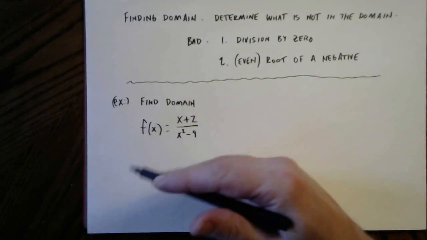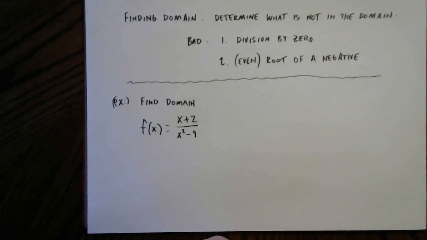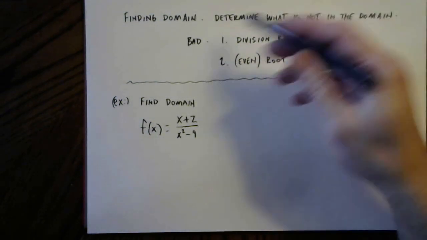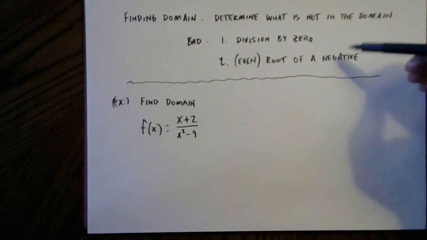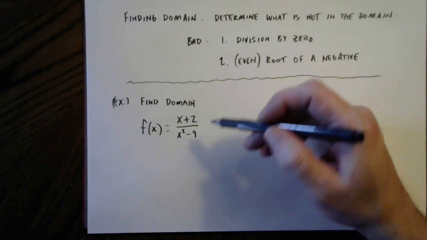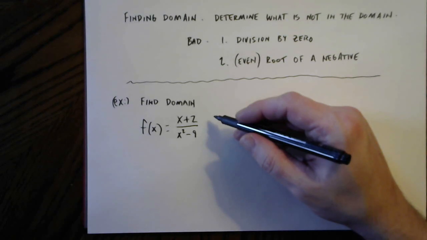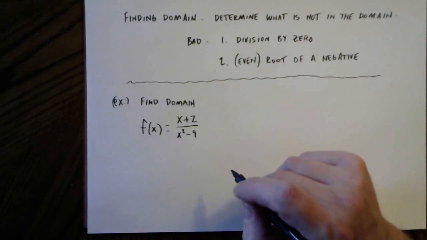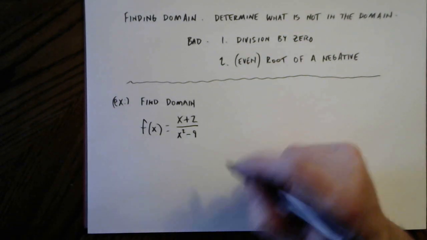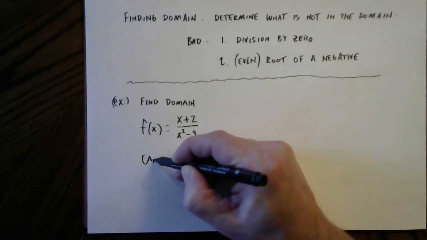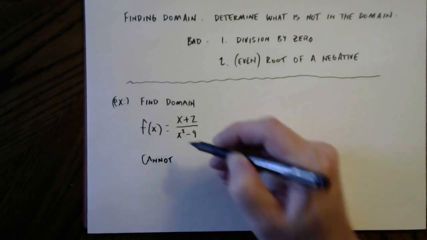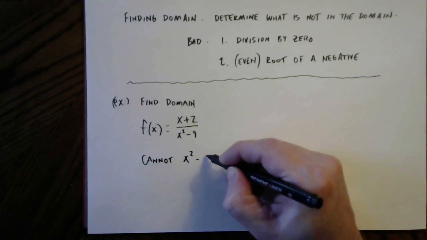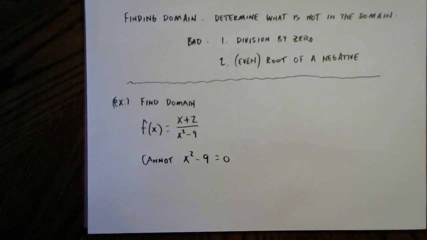But I want you to see what a systematic approach looks like, because you can't always do a solution by inspection. So I think there'll be 2 issues. There's no root in here, so that's a non-issue, but there is division. So there's potentially division by 0. So the statement I'm going to make is I cannot allow the bottom to be 0.